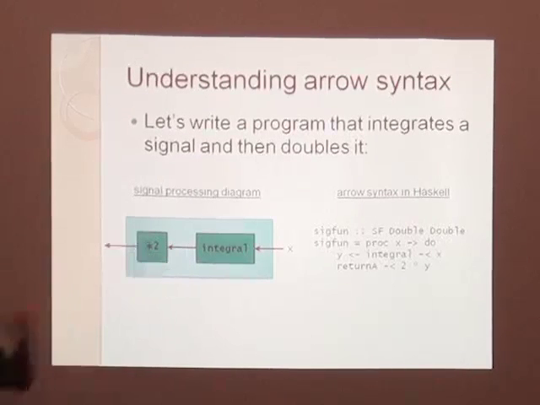And then we multiply it by 2 and return it. And returnA is almost like a keyword, it's just a shortcut function for ending the arrow syntax, ending the signal function.